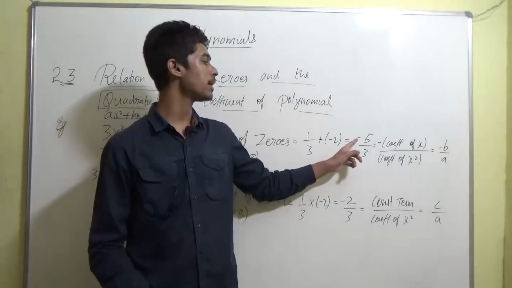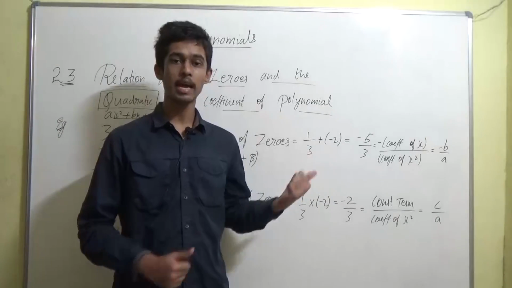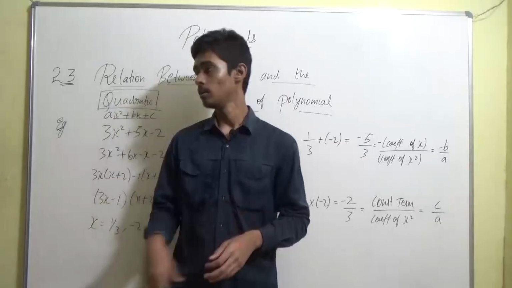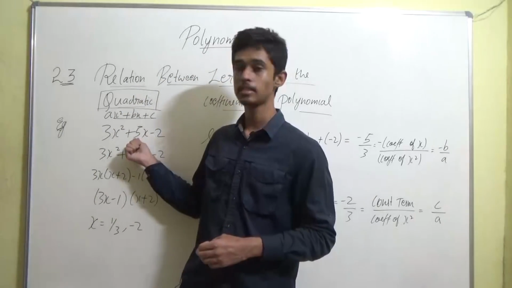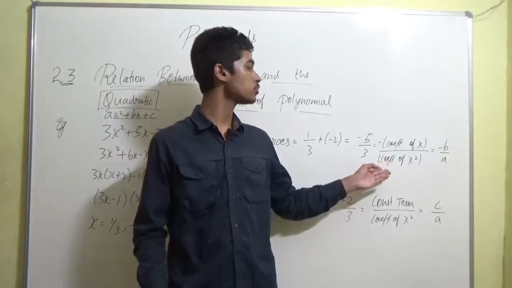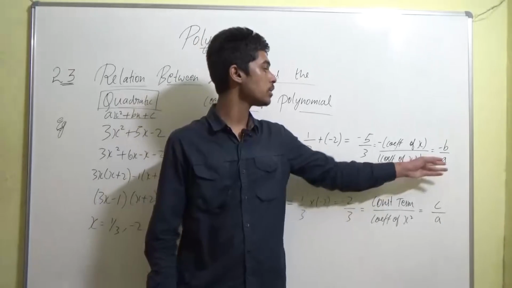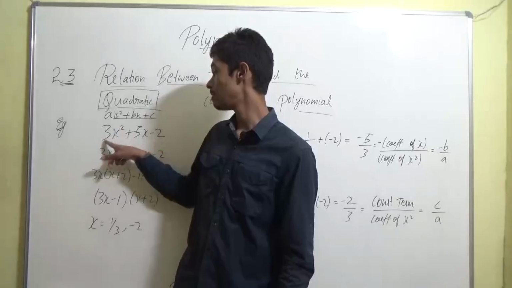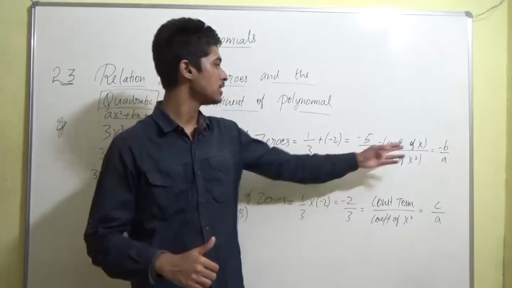So it gives minus 5 by 3, which is equal to minus coefficient of x by coefficient of x square, that is minus 5 by 3. It's also equal to minus b by a, which is minus 5 by 3.